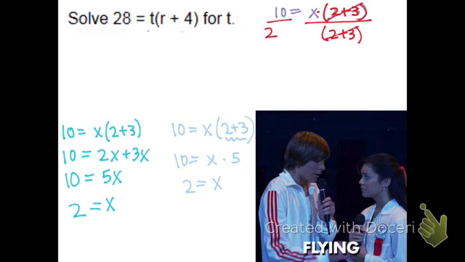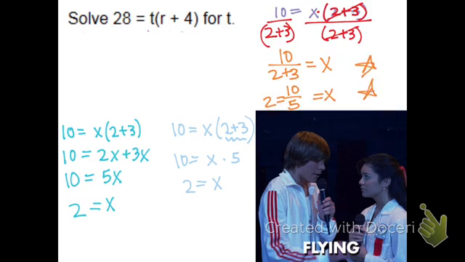So what we do on one side, we need to do on the other side. So we're left with x equals 10 divided by 2 plus 3, or 10 divided by 5, which again, we get that same answer, 2. So this is the method we are going to try. This is the one that is going to work here.